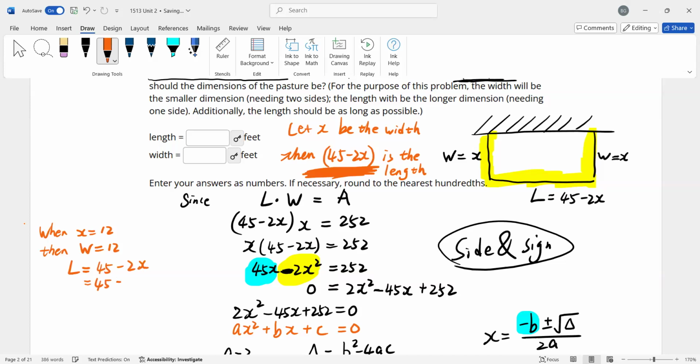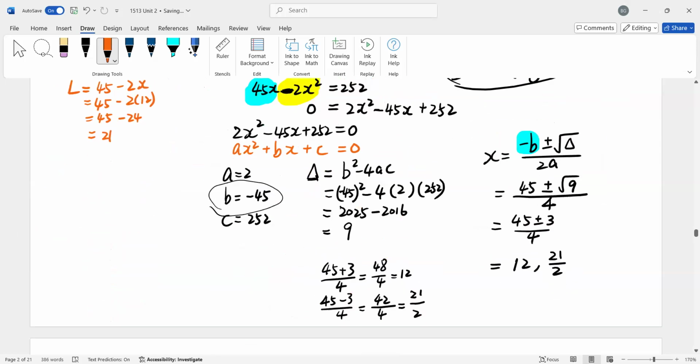Plugging in x equals 12, we have 45 minus twice 12, which is 24. 45 minus 24 is 21. So the length is 21 and the width is 12. That's one solution.